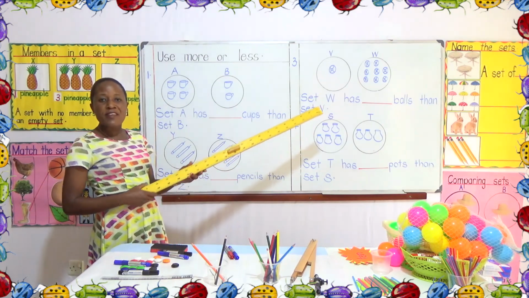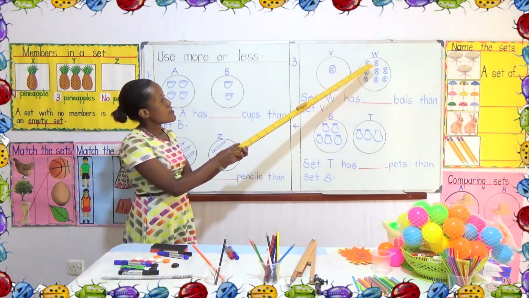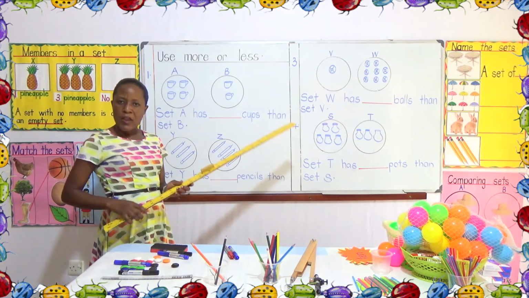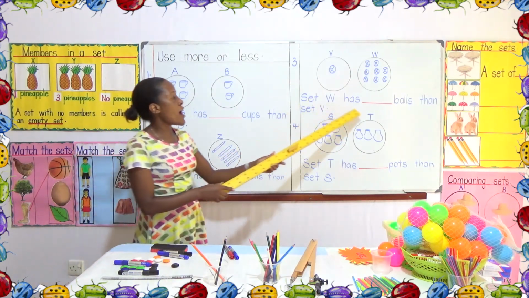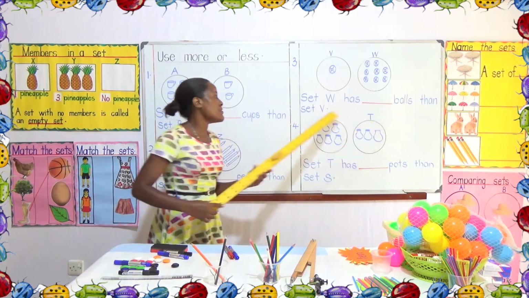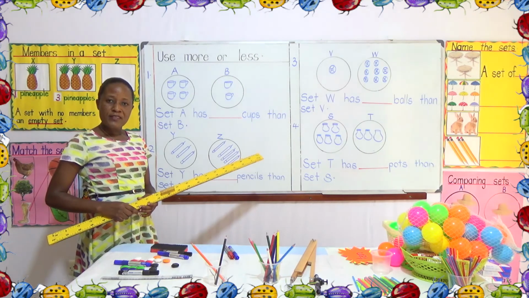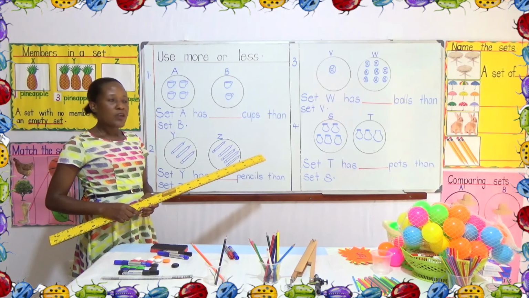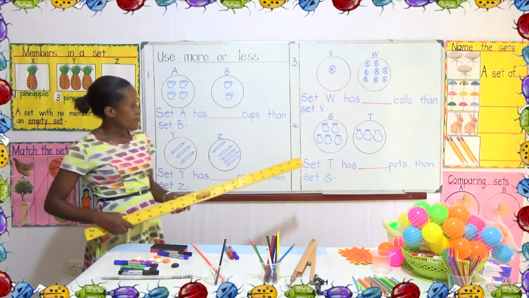And the balls in set W, 1, 2, 3, 4, 5, 6, 7, 8. And what does the sentence say? Our question says, set W has dash balls than set V. Does it have more balls or less balls? You either write the word more or less.